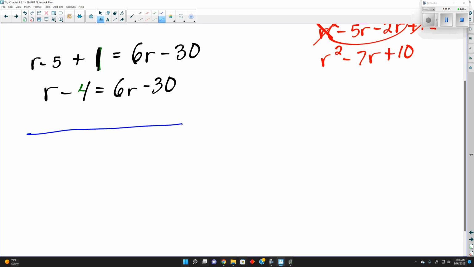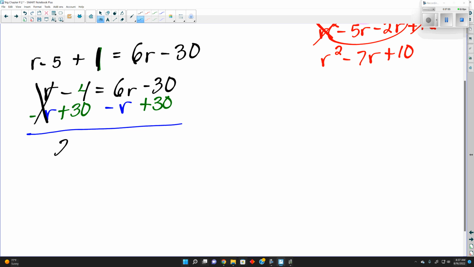Well, now we need to move things to the left and right to get r by itself and the numbers on the other side. Personally, I would subtract r from both sides. And then we can also add 30. Because we're moving the variables to one side, the numbers to the other. Because here, r minus r is 0.